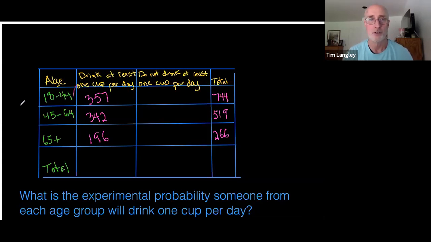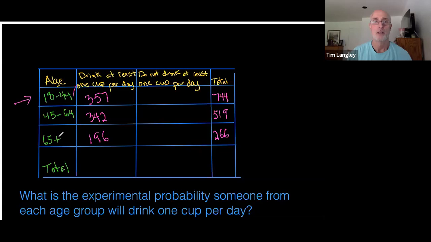And they've got various age groups here. They ask people 18 to 44. They ask a total of 744 of them over here, and 357 of those in that age group said yes. They asked people 45 through 64. 342 said yes out of 519 that they asked.